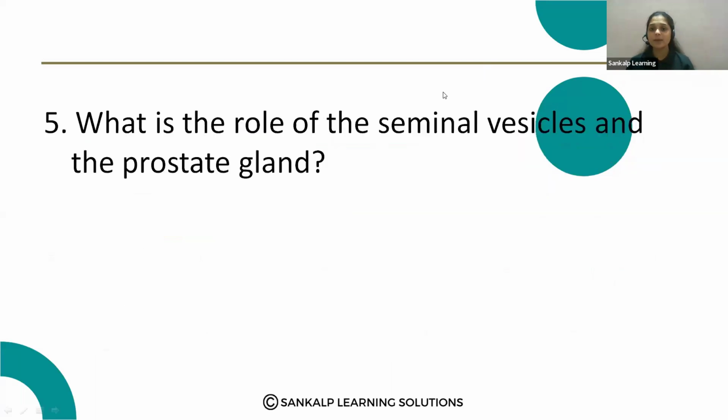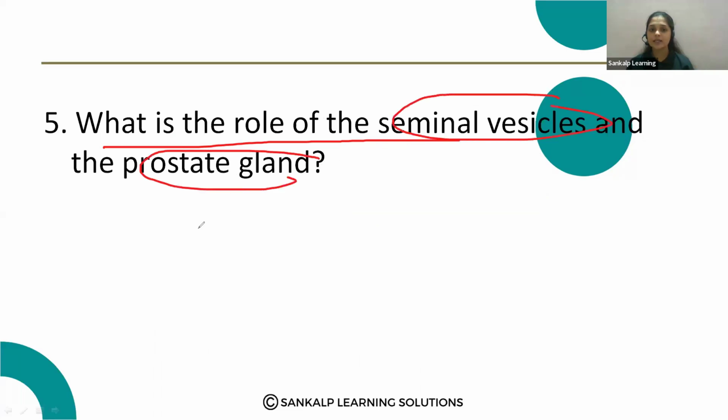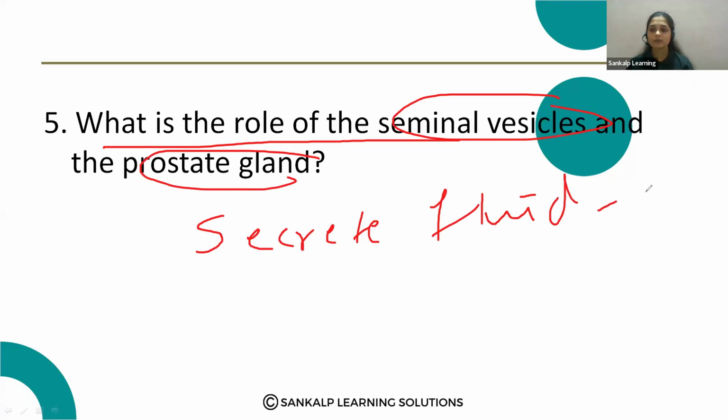What is the role of the seminal vesicles and prostate gland? The seminal vesicles and prostate gland secrete fluid-like secretions to the vas deferens.